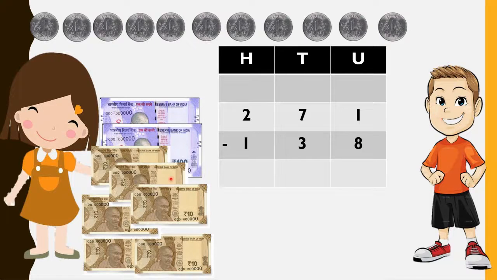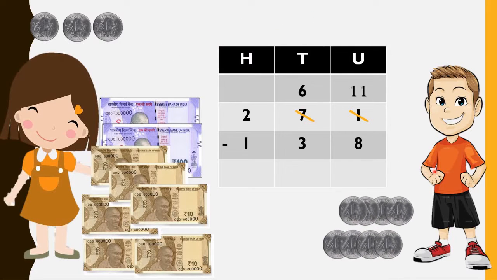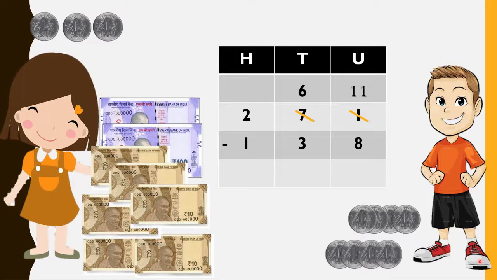So there were 7 notes of 10 rupees, but we have untied 1 note. So there will be left 6 tens and there will be 11 units. So from this 11 we have to give 8 to this boy. So 11 minus 8, the answer is 1, 2 and 3.